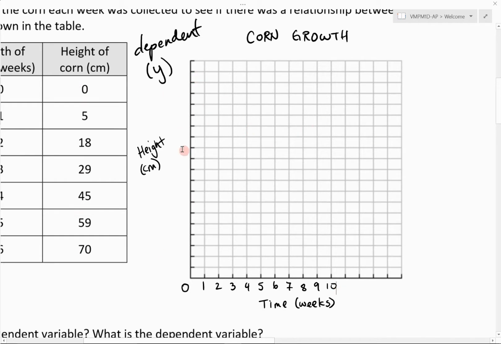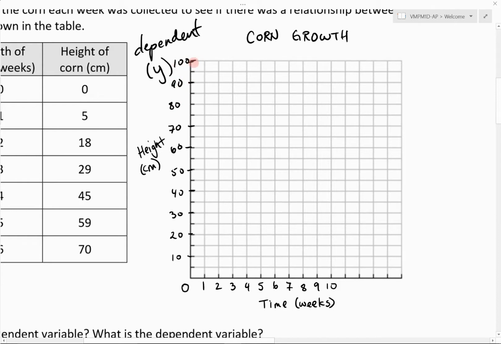So I need to make sure that I have enough room for 70. It looks like I can make every 2 grid squares 10. So if I made this one here, this would be 10. Count 2 more and I'd have 20. Then 30, 40, 50, 60, and 70. That's more than enough, and I still have enough room left over to even make higher prediction values if I needed to, so 90, even all the way up to 100.